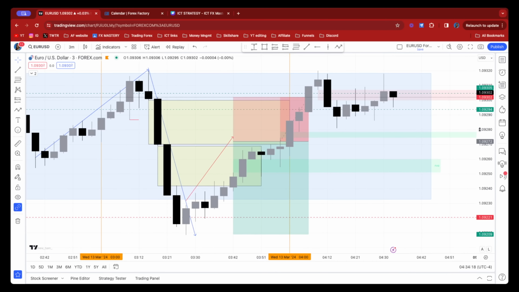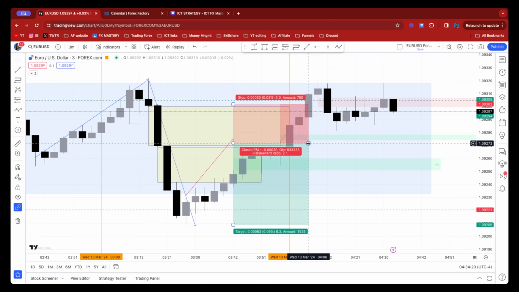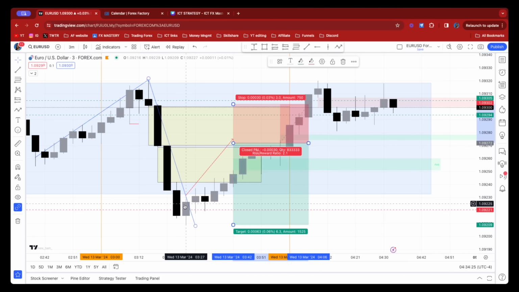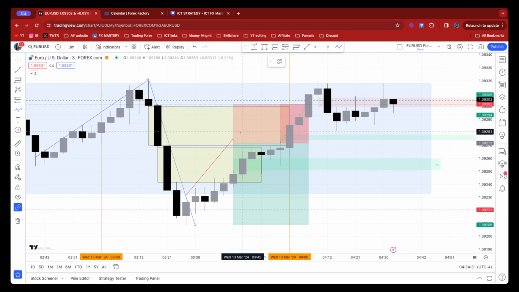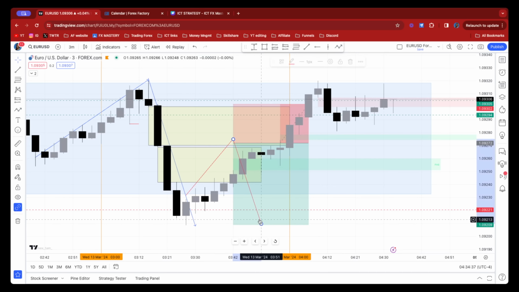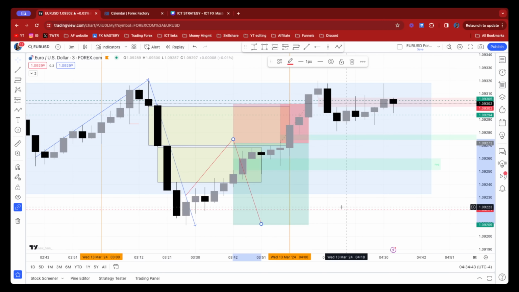Without making things complicated or anything, this would have been a 2.1 trade if the price did not take this liquidity level, okay, this sell-side liquidity. So these are the things that we want to see. And then after, we potentially want to see the price going lower and taking our take profit. So these are the movements that we would like to see when we are trading.